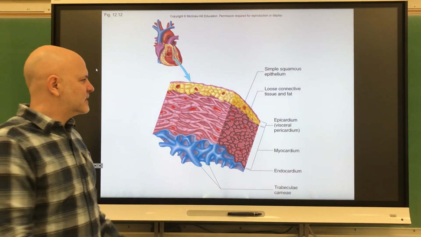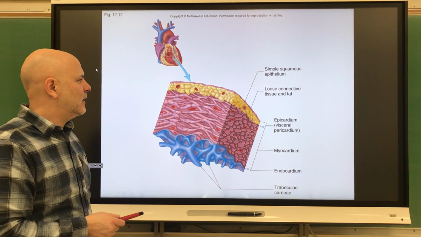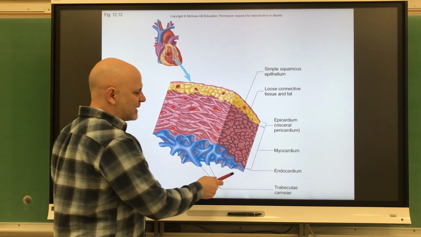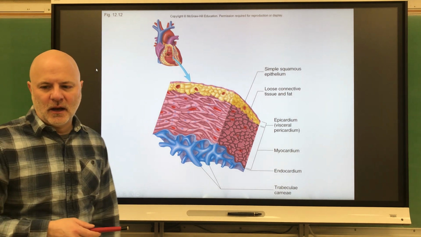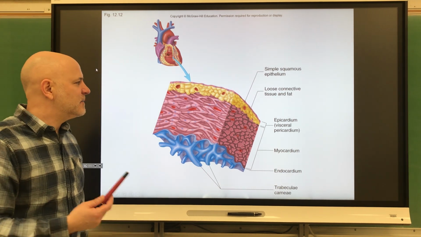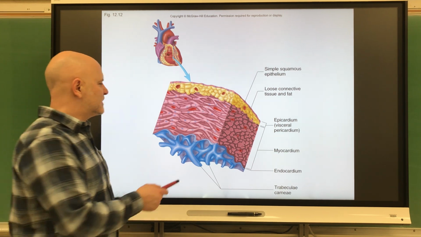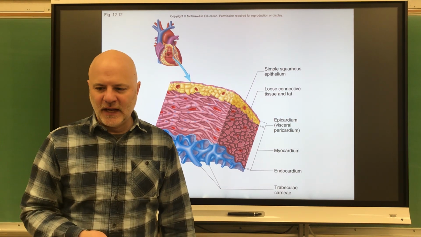All right, so this is the middle muscle layer of the heart. And then lastly here is the endocardium. So this is the endocardium here. This is the inner lining of the heart chambers. It is made of endothelium, which is the same thing as simple squamous epithelium. And this is continuous with the endothelium that is found in our arteries and veins.